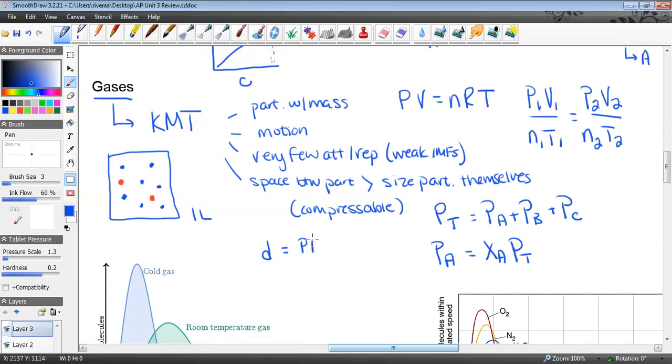The pressure times the molar mass over RT. So if I were to rearrange this equation and get moles over volume, that would result in P over RT. So there's my P over RT. But moles over volume is not how we measure density. We measure density in grams over volume, so I would have to multiply by my molar mass.